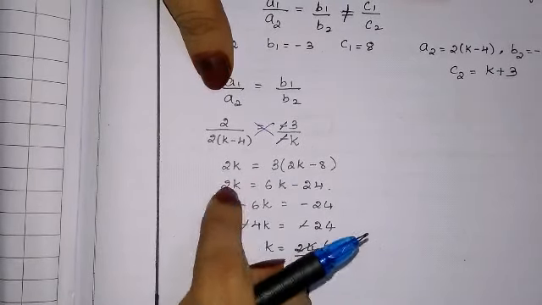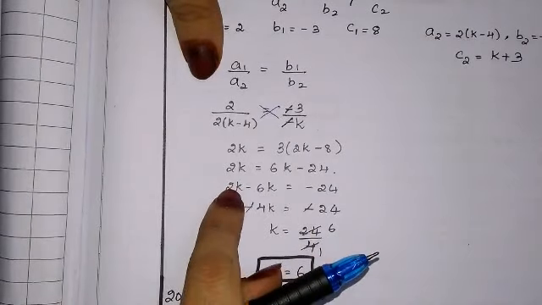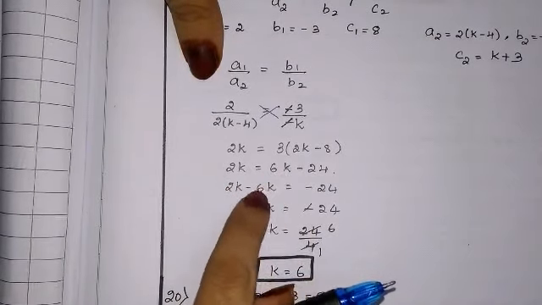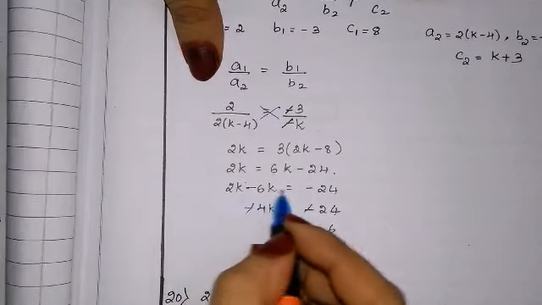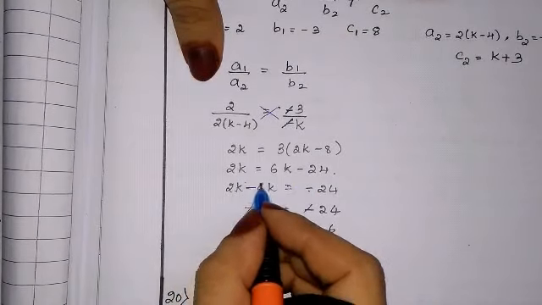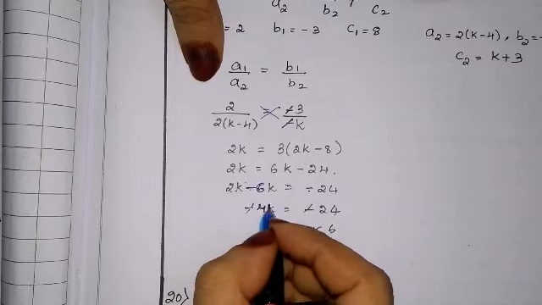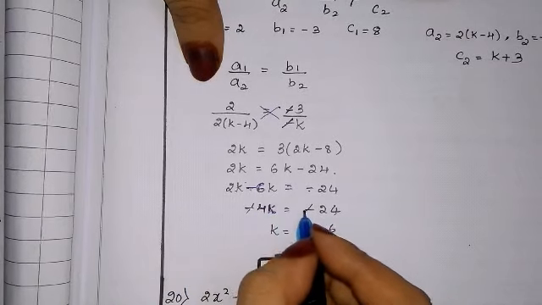Now k terms we will bring one side and number one side. 2k here only, we will bring 6k here means it becomes minus 6k is equals to minus 24 as it is. 2k minus 6k is minus 4k. Why? Because greater number is having negative sign. Minus 4k is equals to minus 24.